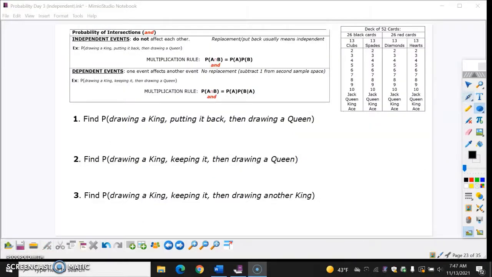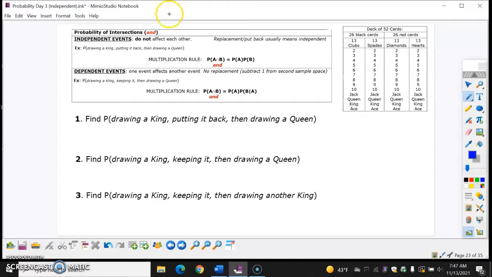All right, one of the last things we're going to look at is actually calculating probabilities for independent and dependent events. Remember that when we were testing to see if they were independent, that was for experimental probabilities when they give us data. Now we're going to look at theoretical probabilities, when we could just tell whether they're independent or not based on the theoretical probability.